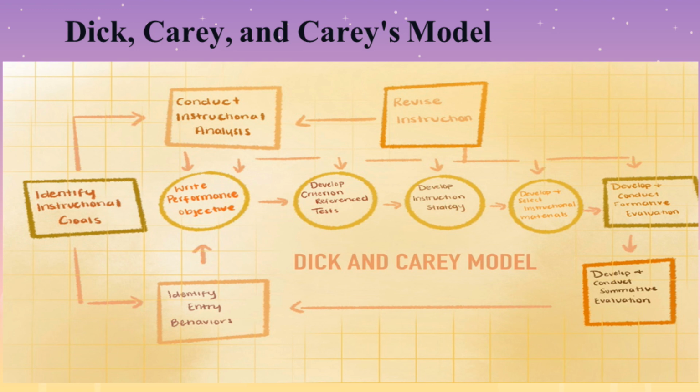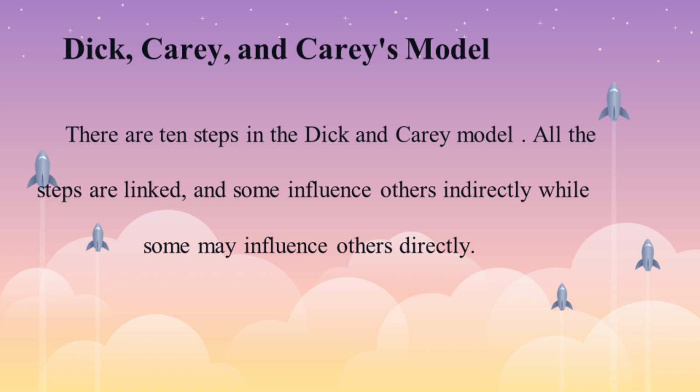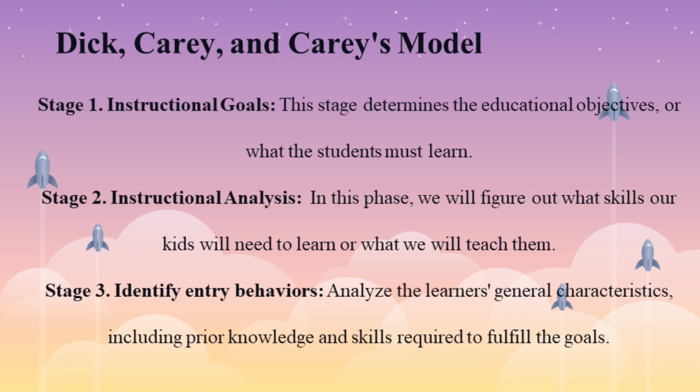Because of its simplicity and linearity, this model is commonly utilized. There are 10 steps in the Dick and Carey model. All the steps are linked and some influence others indirectly while some influence others directly.